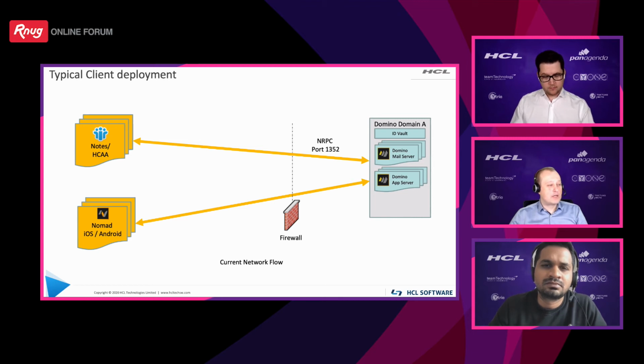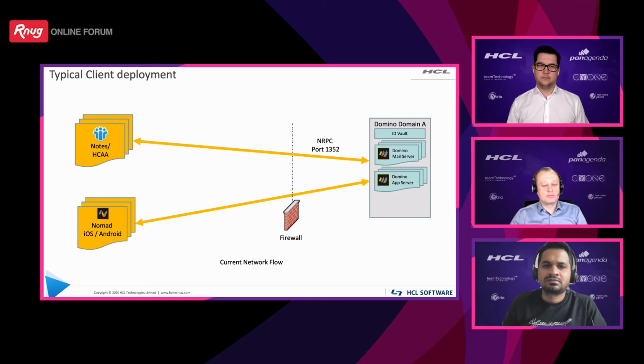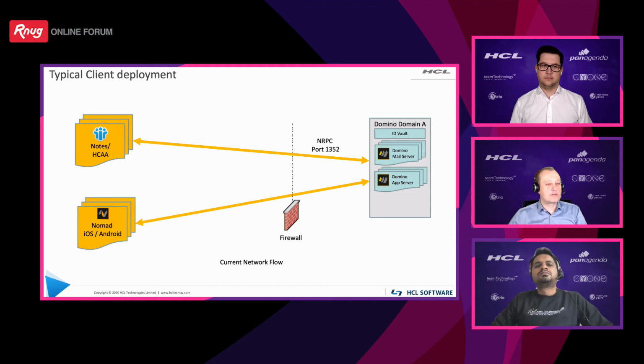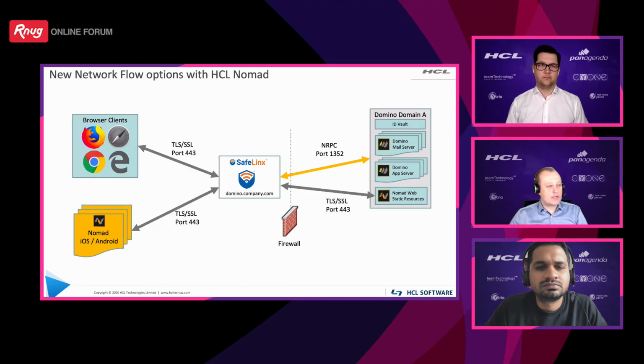Here on the left side, you can also see Nomad iOS and Nomad Android, also using the same TCP/IP port to connect to your Domino servers. And we have seen network administrators asking, is there any way to change the network port to something that is more popular, more known in the industry? With HCL Safelinx, that is actually possible.